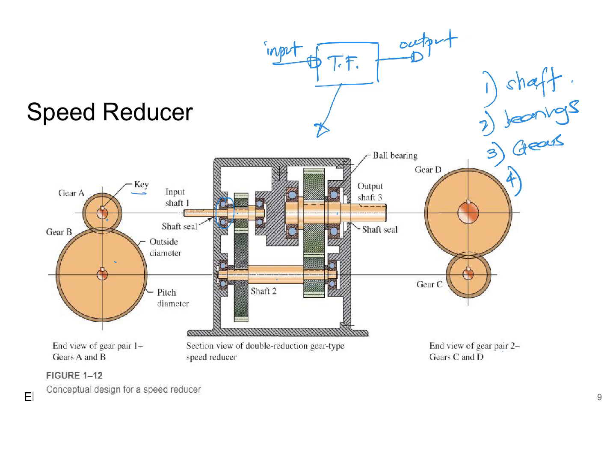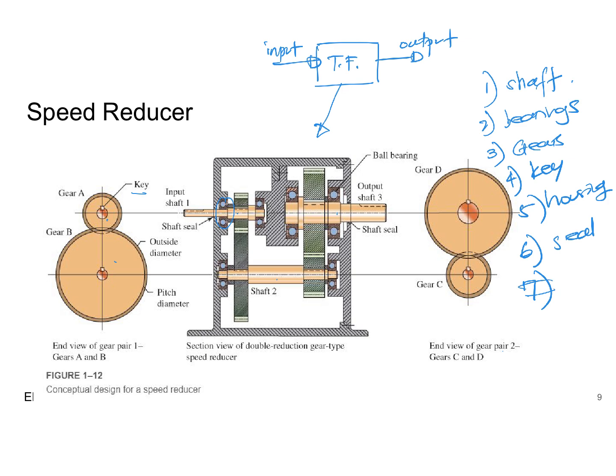So we will also look at how to design keys and splines. And you have the housing. You have the seal. And what else do we have here? I think that's most of the parts that make up the speed reducer.